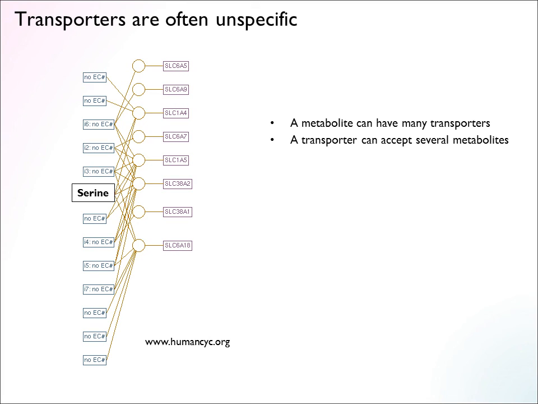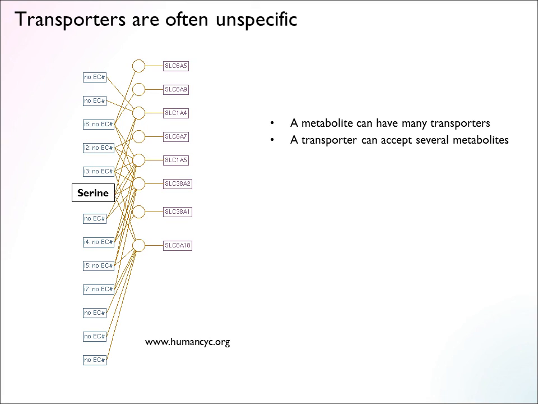And so if you go and look at any metabolite of interest, in this case I picked serine, it turns out serine is transported by a bunch of these different transporters. And if you look at each of those, they will be connected to other types of transport events. So all of these on the left side. And so you tend to have this type of more unspecific kind of network between metabolites and transporters.